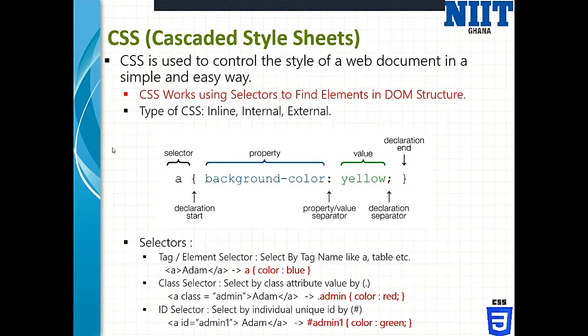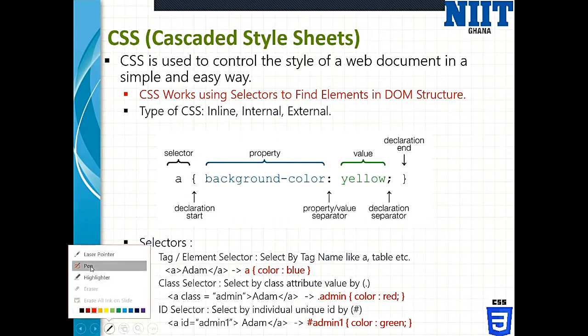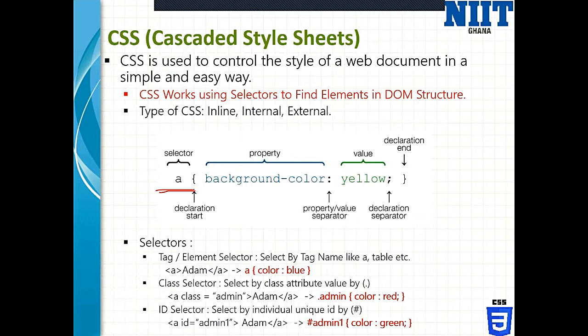So guys, as you can see here, we have the selector A, which is basically used to select an item from your DOM structure. Whatever elements you have inside your DOM structure can be selected using the specific element.